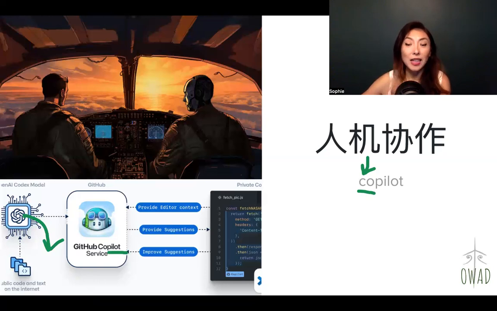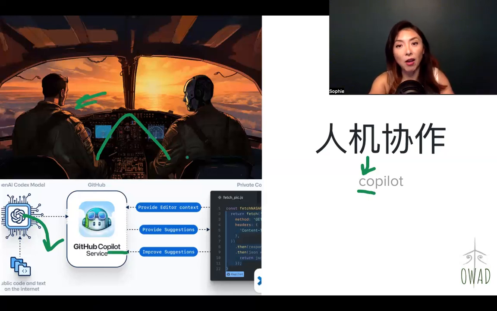So this 人机协作 can be captured by Copilot, this concept of two drivers. Humans, we know where we're going, therefore we are the main pilot, versus the machine sitting in the co-pilot seat, which is going to prevent us from making those human errors, make us safer, drive better, or whatever endeavor we're acting on.